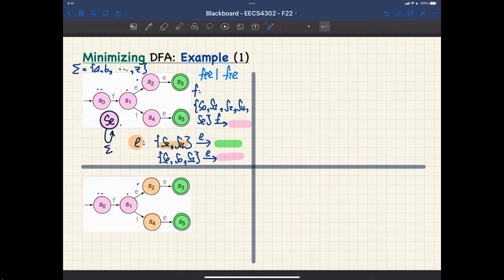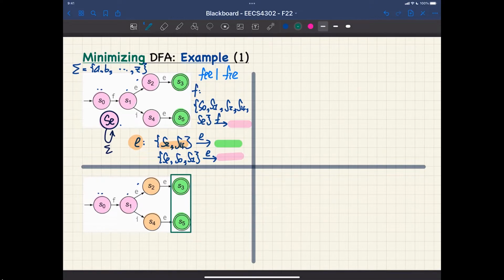All right? Should we split S3 and S5? Should we or should we not? That's an important question. Okay, anybody tell me why or why not? To justify that, you have to try all the characters in the alphabet.